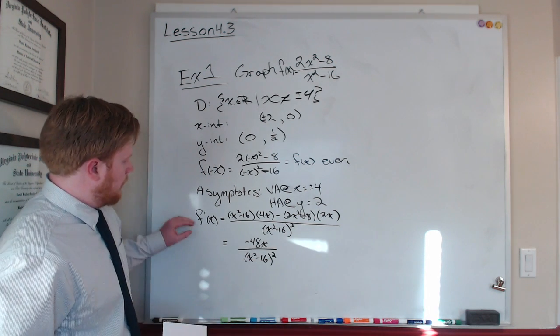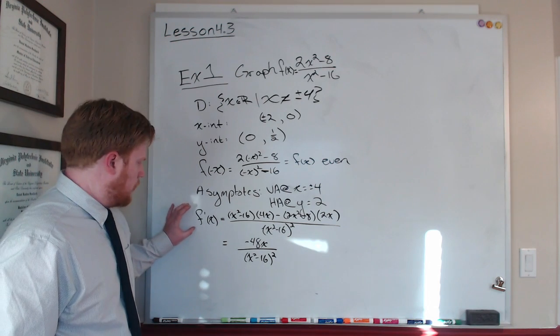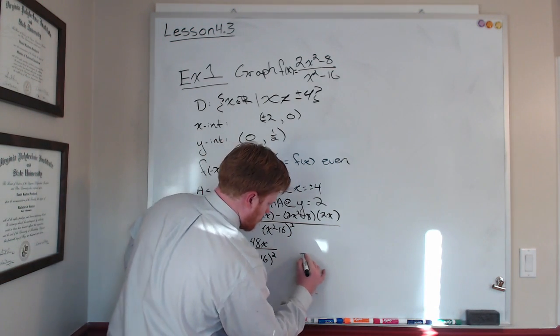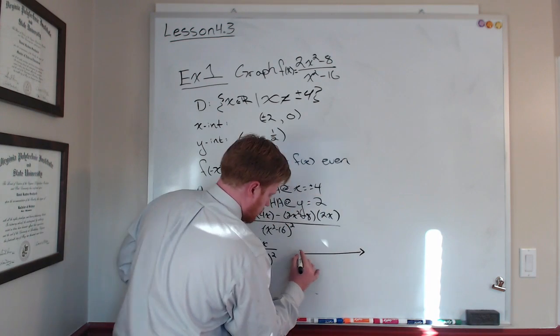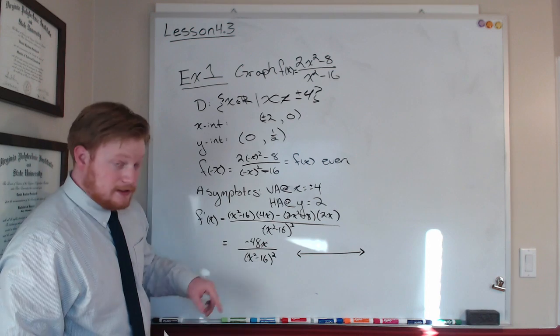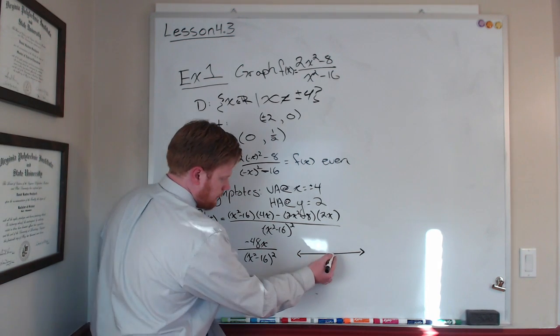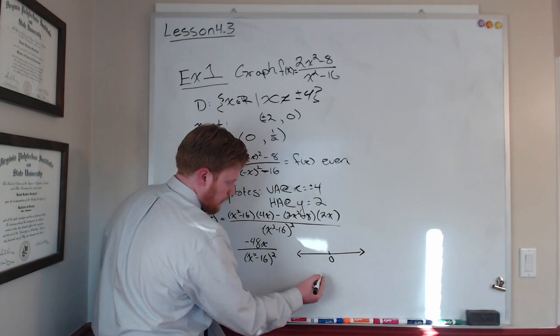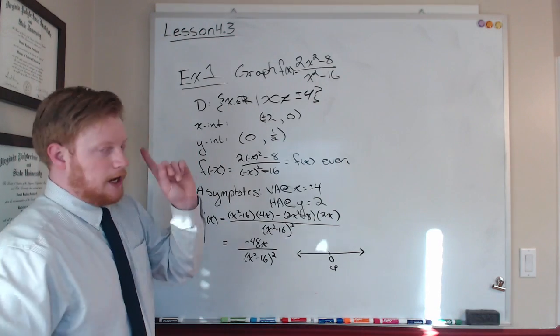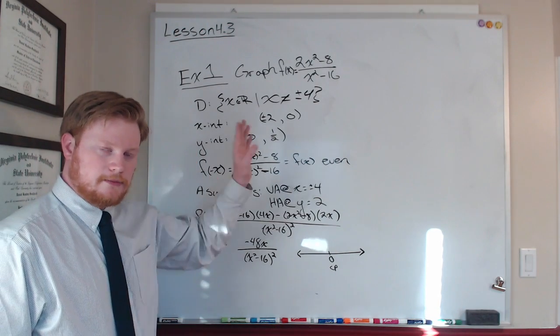Okay? And the first derivative test says we want to know where that's equal to 0. That's going to be equal to 0 when x is equal to 0. So I have a critical point at 0, but I also have to take into account asymptotes.